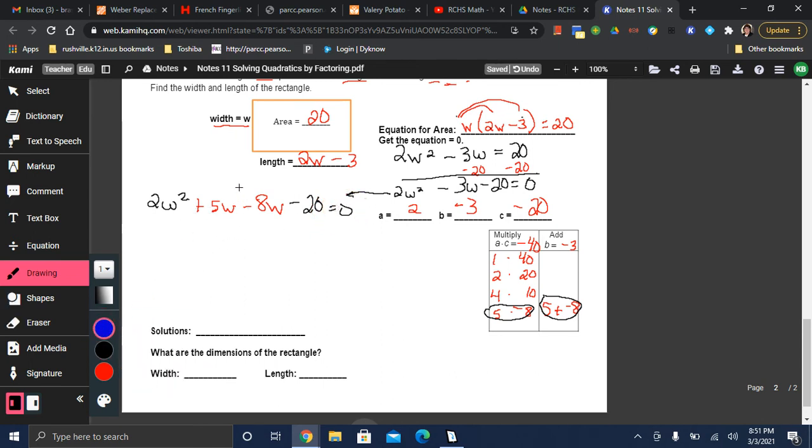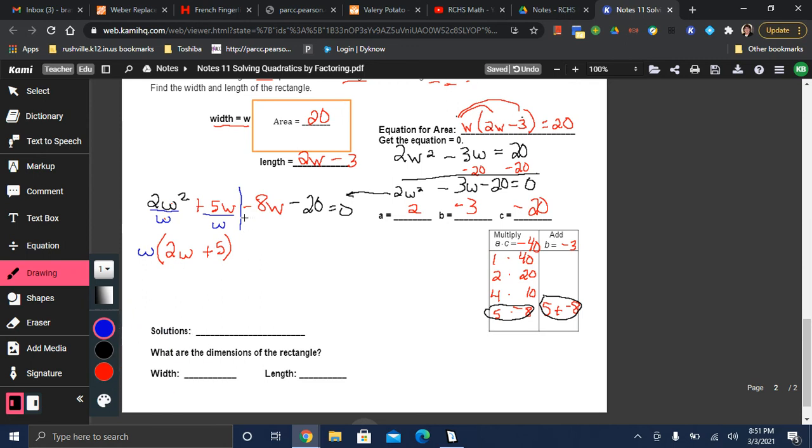Doing the cut line to separate, I can divide my first two terms only by w. And then when I do my parentheses, 2w squared divided by w is 2w. Here my w's cancel to get plus 5.